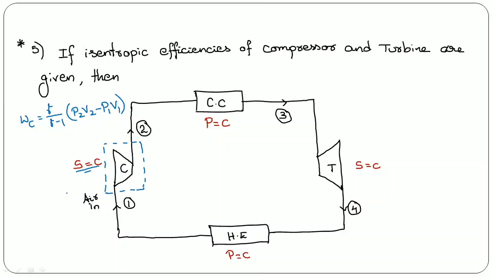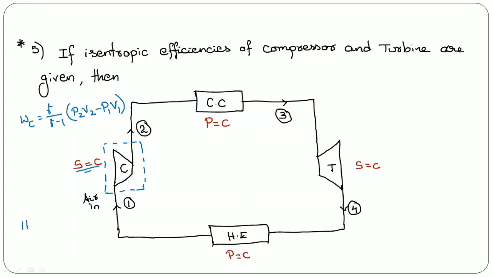Or we can write this work required for compression in another way also, by applying the steady flow energy equation here. Let us consider H1 is the enthalpy with which air is entering into the system.